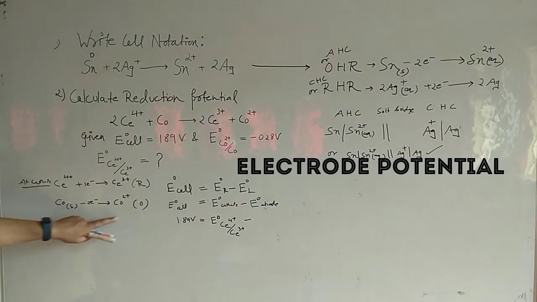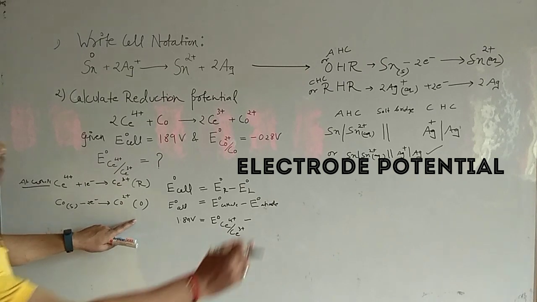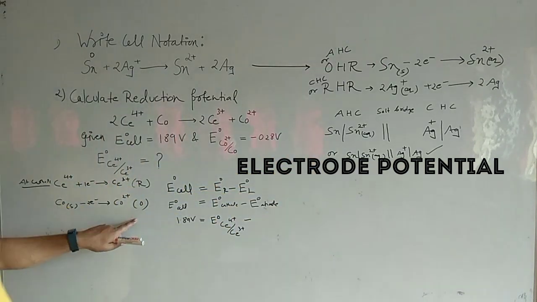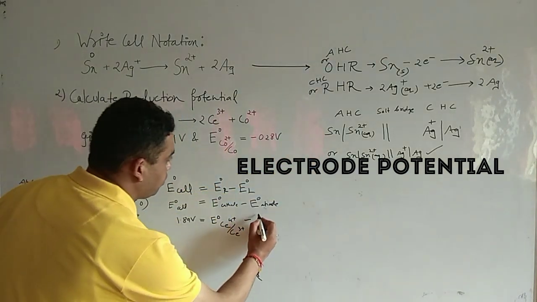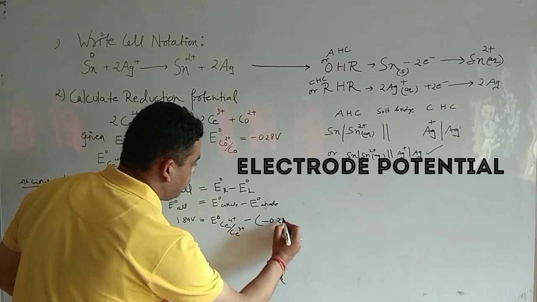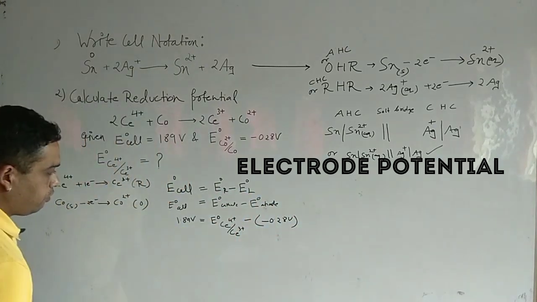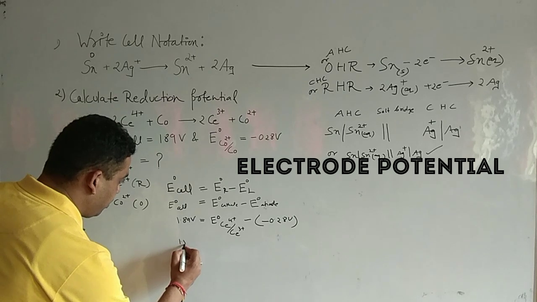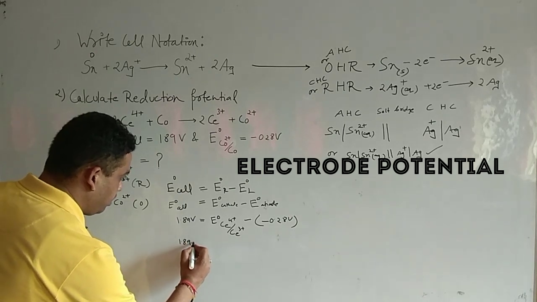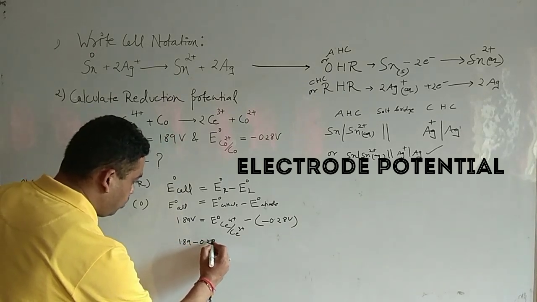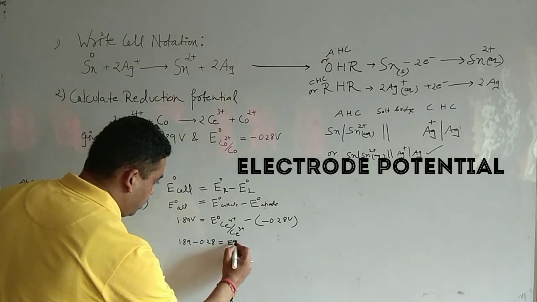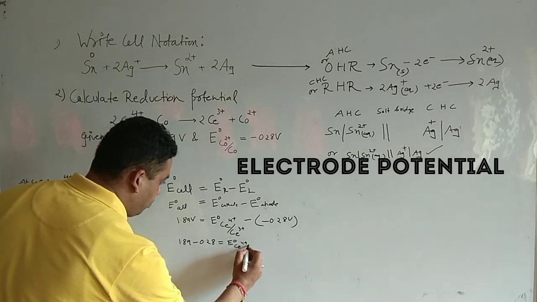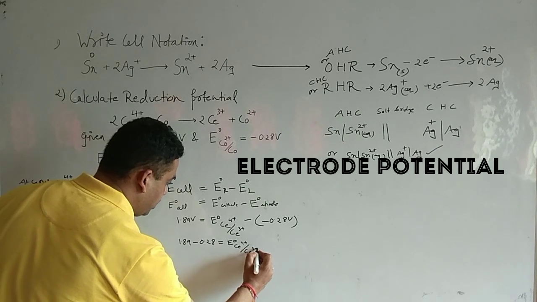This is your oxidation reaction, and oxidation occurs at the anode. This is given to you and the value is minus 0.28 volt. If you solve this, 1.89 minus 0.28 would be equal to E standard Ce4 positive by Ce3 positive.